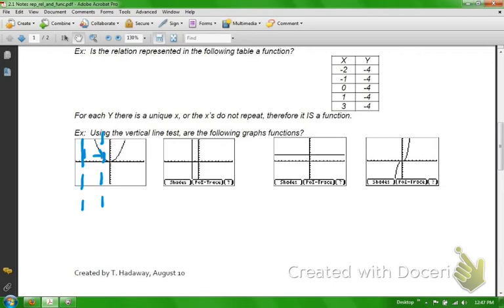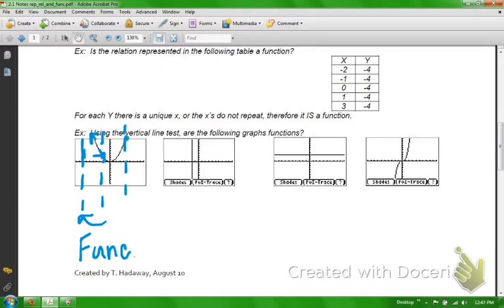Just 1. What if I drew it over here? Crosses once. In reality, even though we don't see the intersection, this parabola is going up and up and up to infinity, so they would eventually cross. So this one does cross the graph one time. That means it is a function.